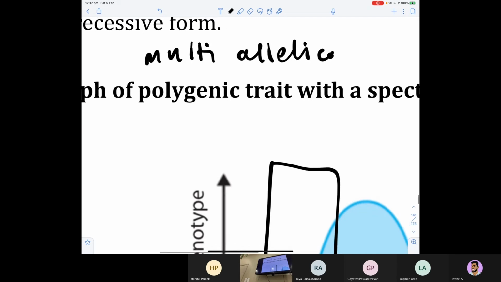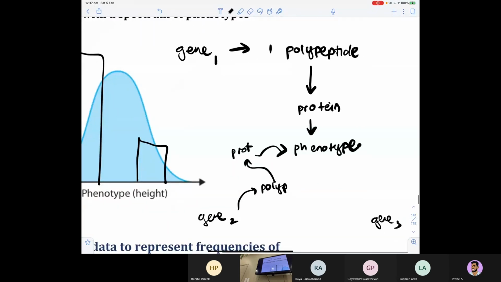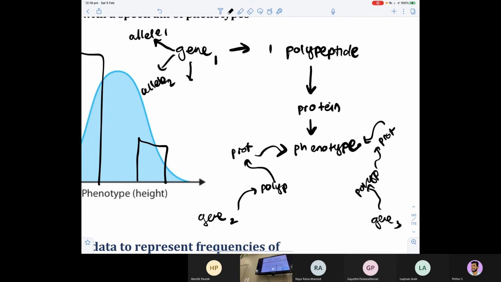Yeah, so good. I know you all understood multi-allelic means multiple alleles, but I want you to put it into this picture. We said polygenic is when there are many genes coding for their own polypeptides, their own proteins, that are affecting phenotype. Multi-allelic states that for that gene, instead of just having allele 1 and allele 2, there's also allele 3 and allele 4, and that makes it even more varied.